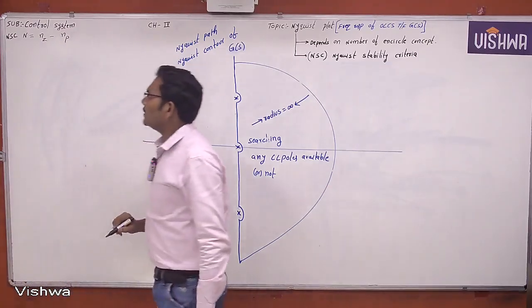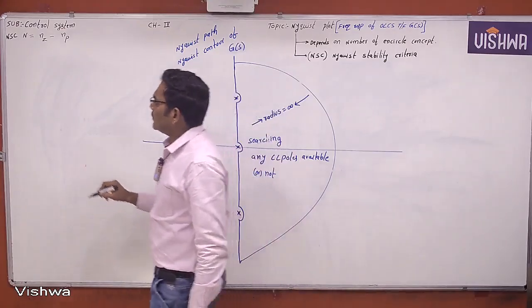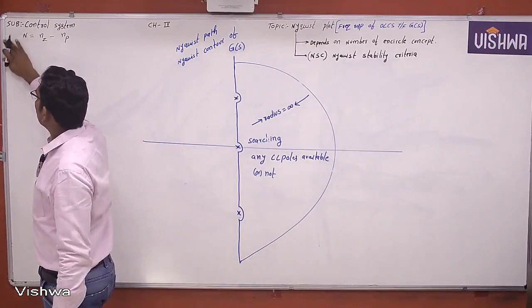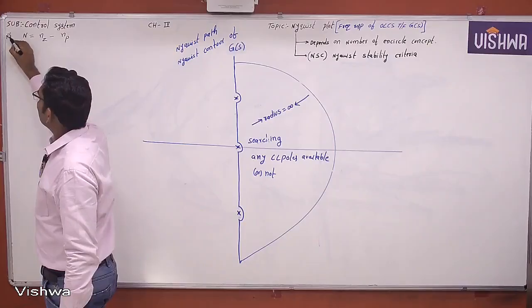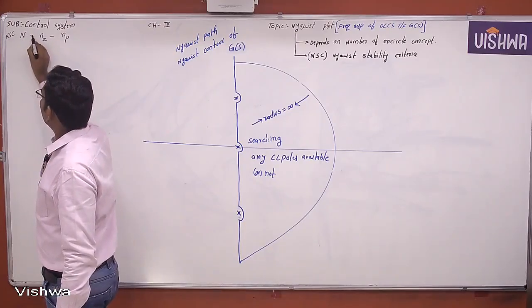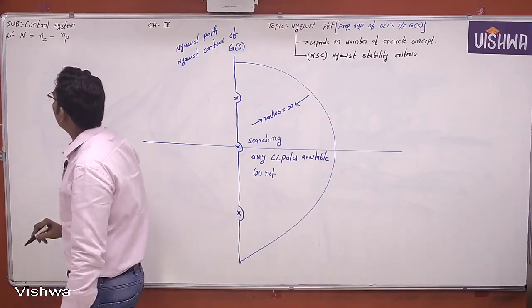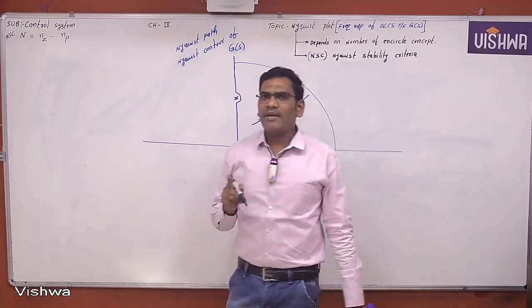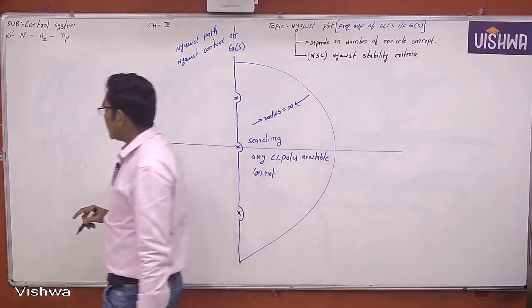Now listen carefully. According to the Nyquist stability criteria, the total number of encirclements is N equal to Nz minus Np. Now I am defining each and every parameter. Listen carefully.